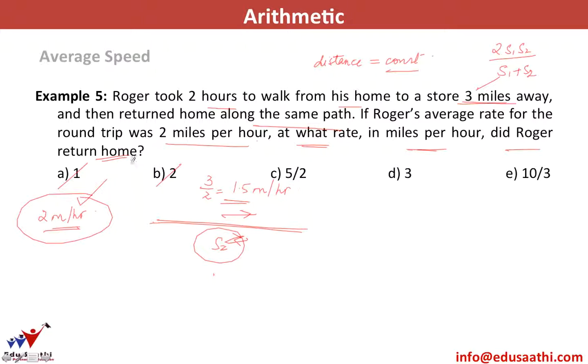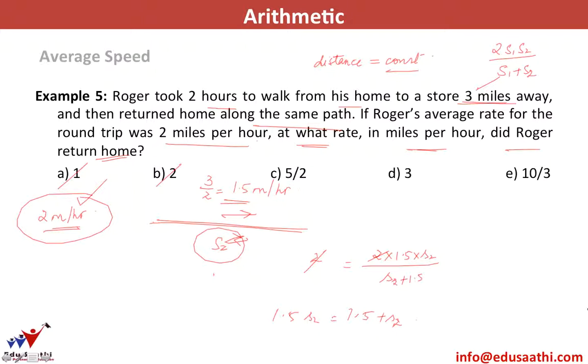If I have to solve it out, I'll solve it with 2 into S1 into S2 over S1 plus S2 is equal to the average speed that you have. So if you just solve the question, this is 1.5 S2 is equal to 1.5 plus S2.